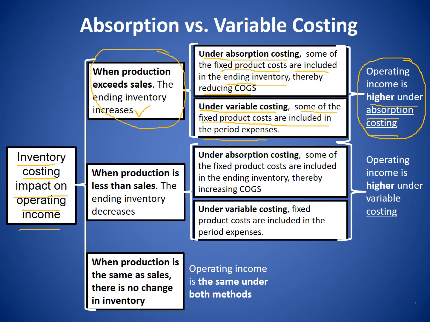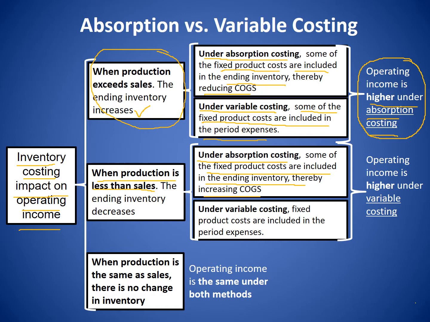When production is less than sales, so we sell more than we produce, that means the ending inventory is going to decrease. Under absorption costing, some of the fixed product costs are included in the inventory. Therefore, that is going to have the effect of increasing cost of goods sold.